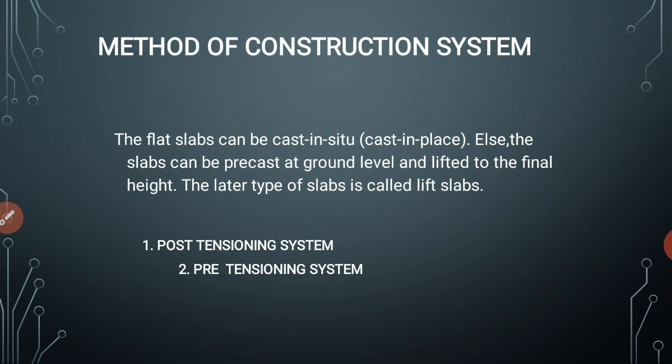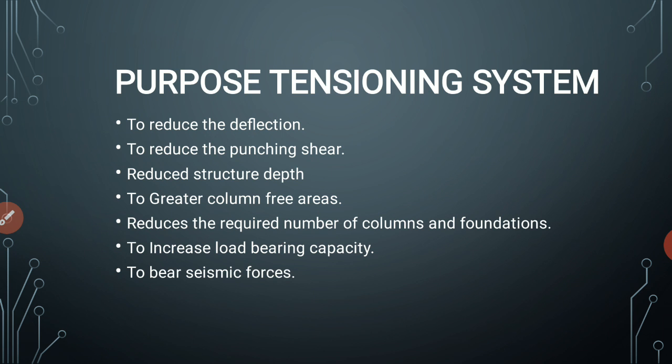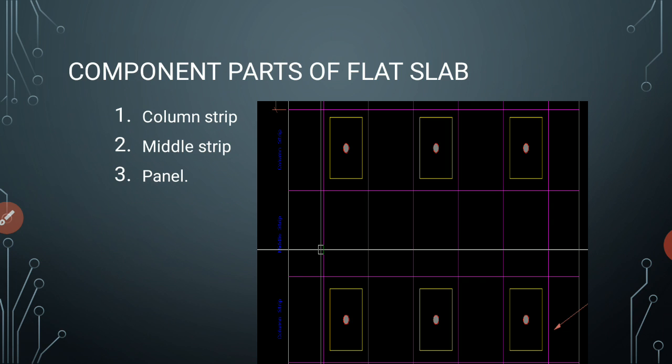Then there are the post-tensioning and pre-tensioning systems. I'll share the PPT, but this part we know. Basically, according to construction type, flat slab is of two types: normal reinforced flat slab, or pre-tensioned or post-tensioned flat slab. Both ways we can go for the flat slab.